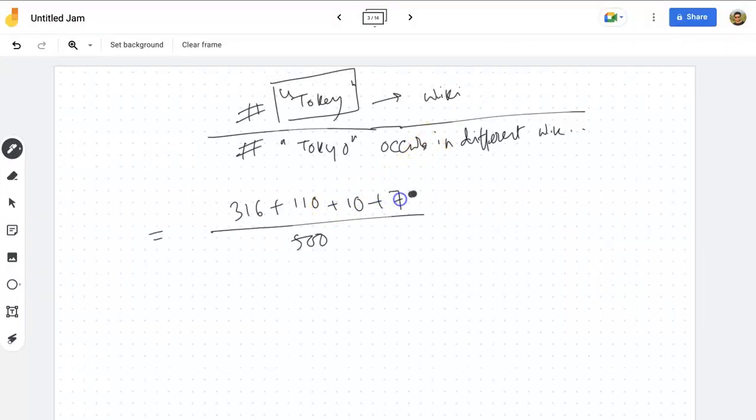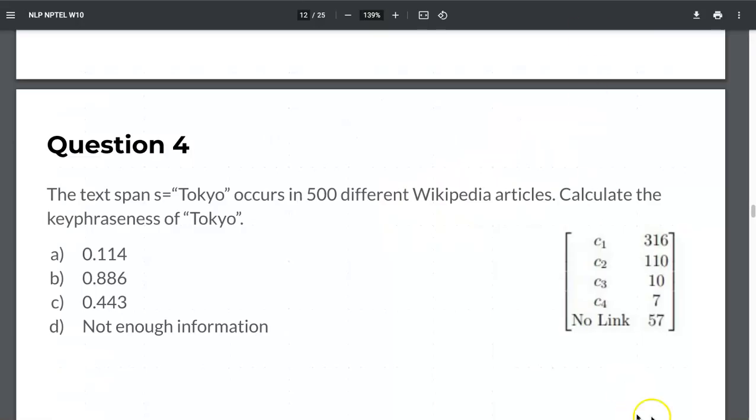And if you check, 57 times it does not connect to any other Wikipedia page. If you sum up this row, the sum of C1, C2, C3, C4 plus no link will be 500.